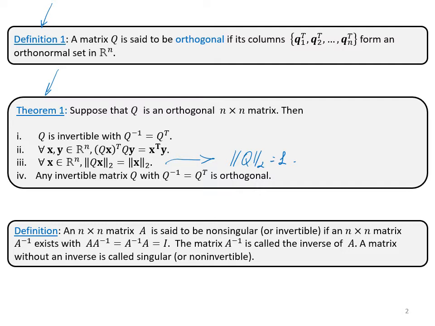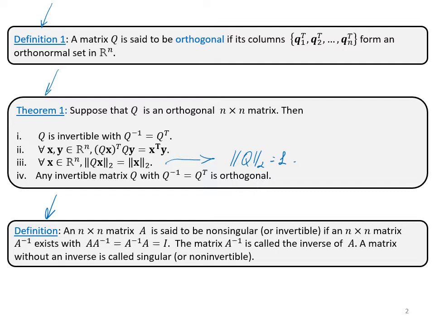And the last property: any invertible matrix Q with the property that the inverse matrix Q equals the transposed matrix Q is orthogonal.